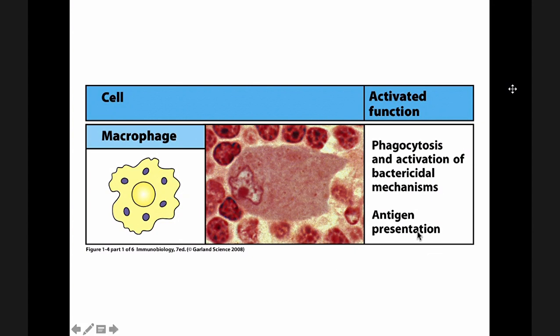They're also very critical in antigen presentation. They take up these antigens, chew them into small pieces, and help present them to T cells. That's their major function.